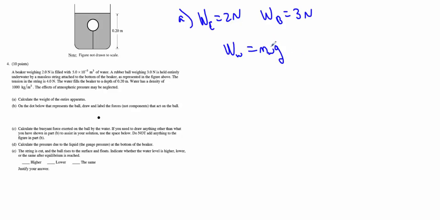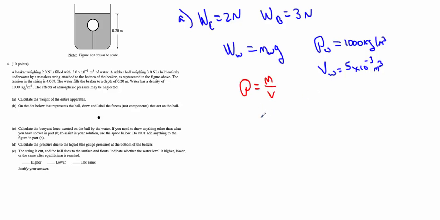I don't know the mass of the water, but I do know the density of the water. That's 1,000 kilograms per cubic meter. I do know the volume, 5 by 10 to the negative 3 cubic meters. And so, if I remember, density is mass over volume.